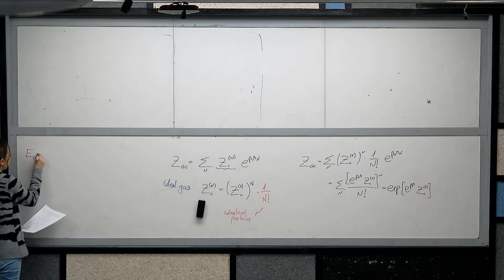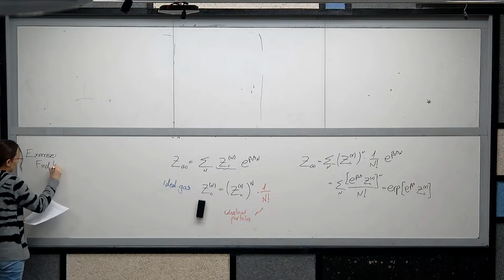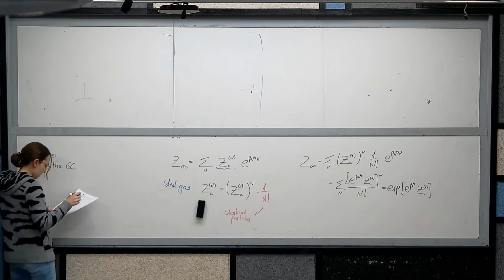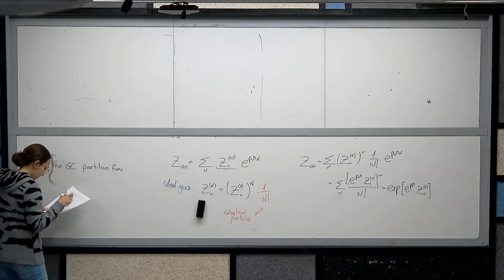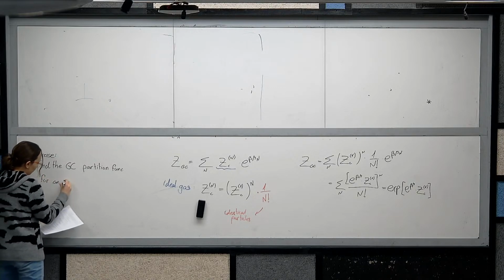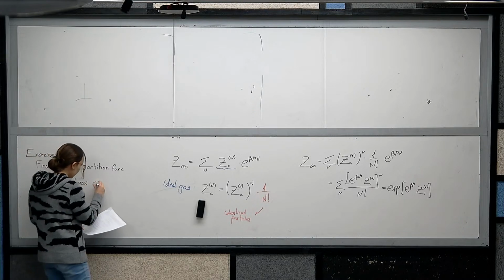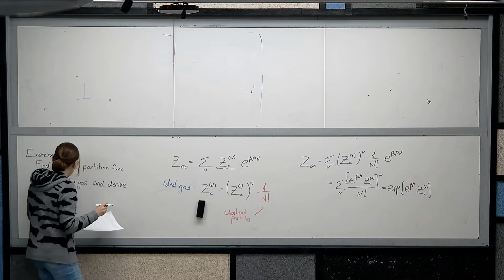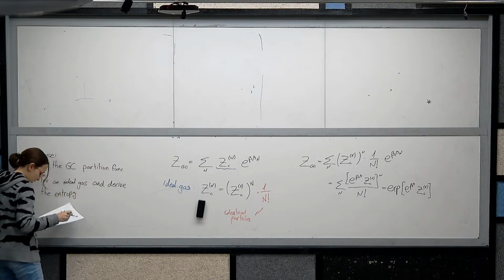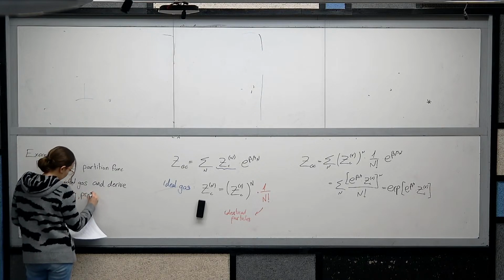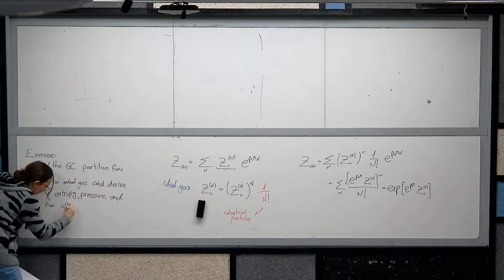Let's do an exercise: find the grand canonical partition function for an ideal gas, and derive the entropy, pressure, and number of particles.